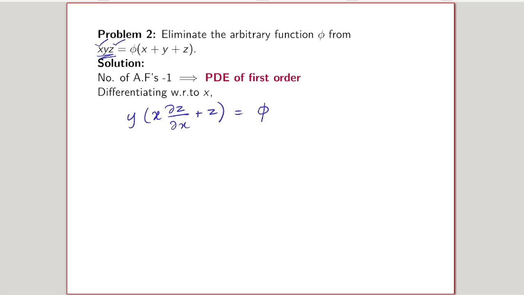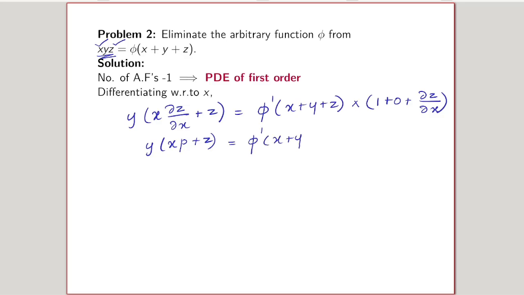On the right hand side we can write it as phi dash of x plus y plus z into, we have to differentiate the term inside the bracket, so it will be 1 plus 0 plus dou z divided by dou x. So we can write it as y into xp plus z, which is equal to phi dash of x plus y plus z into 1 plus p.